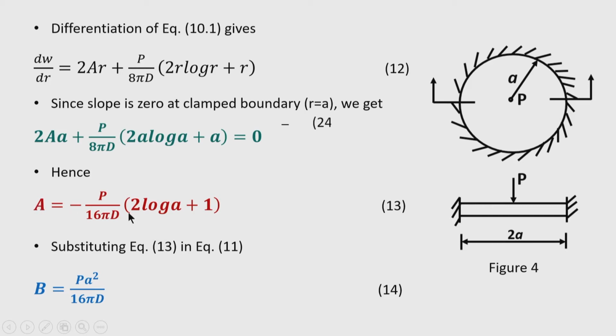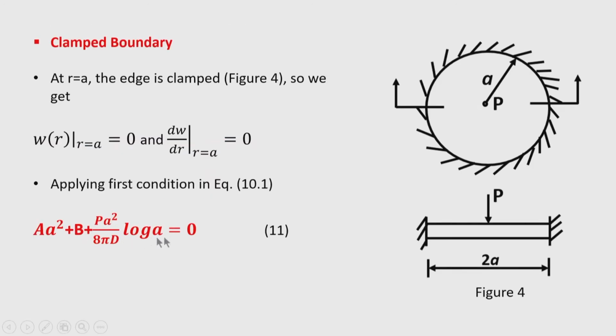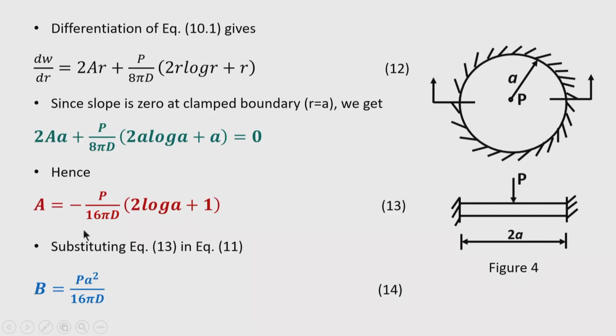After knowing the constant A, we can find the constant B from expression 11. A is substituted from the previous equation here, and we can now evaluate B. B comes as P a square by pi D. So, we get the desired constants of integration required to completely know the deflected surface.